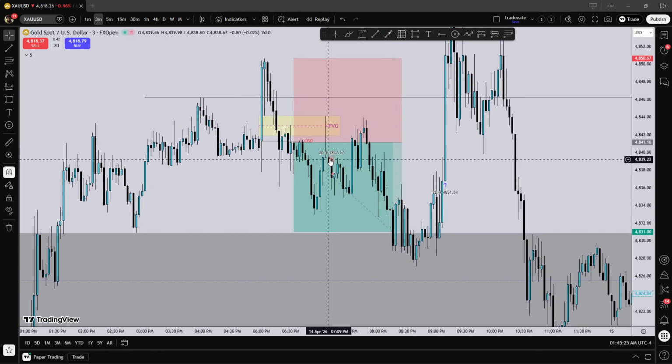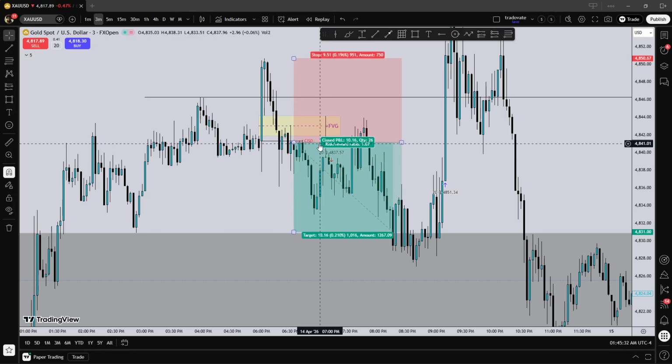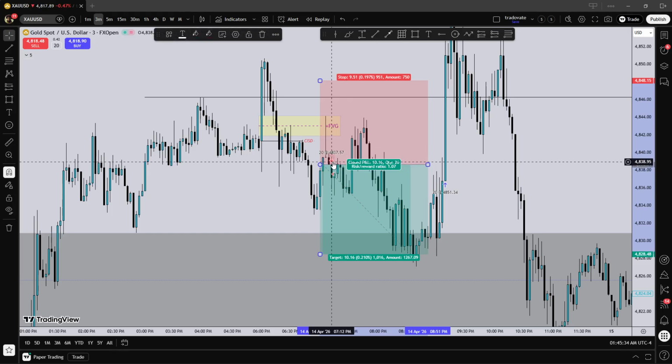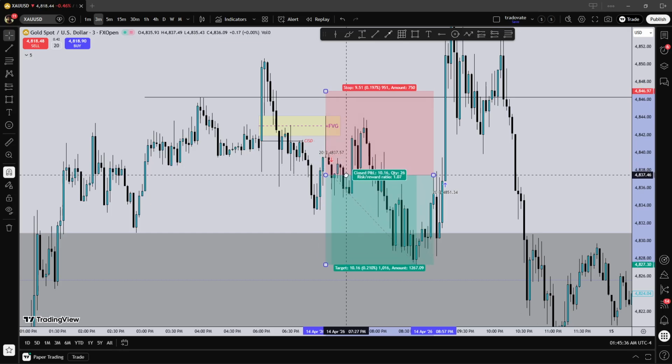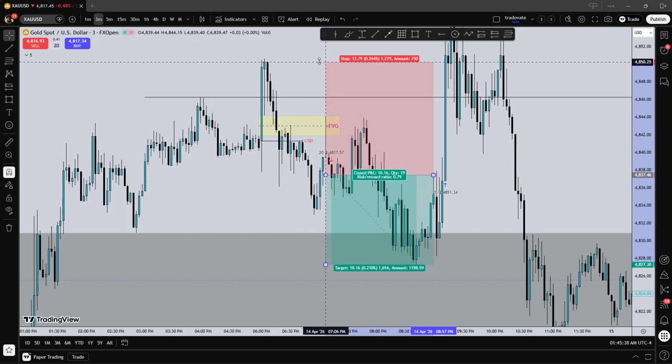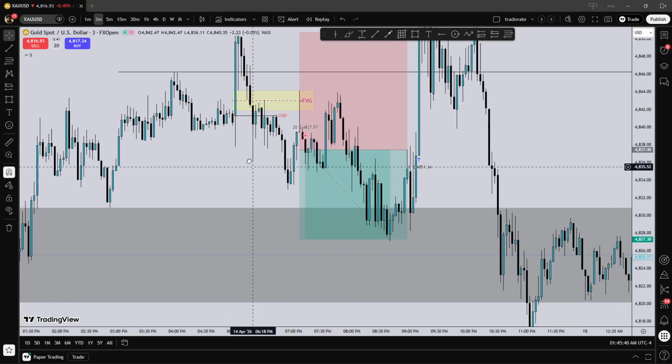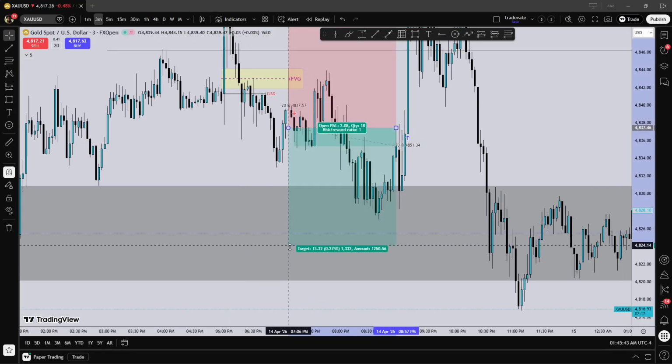This should have been the trade that I took. However, my entry was down here, stops above, targeting a 1 to 1.